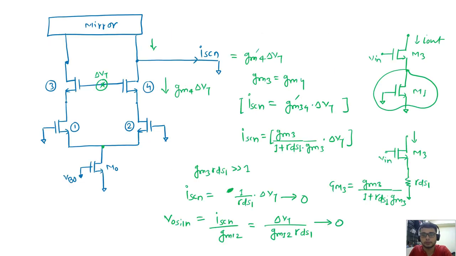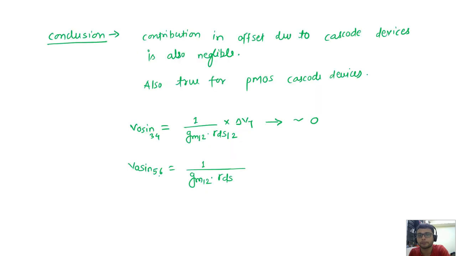Okay, we'll see here. So here the RDS of 1 was considered GM dash is RDS. Okay, so RDS of 7 8 times del Vt of 5 6. Here I will write del Vt of 3 4. So it is also nearly 0, negligible.